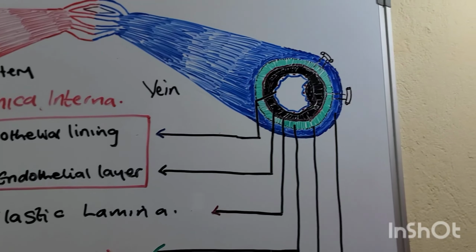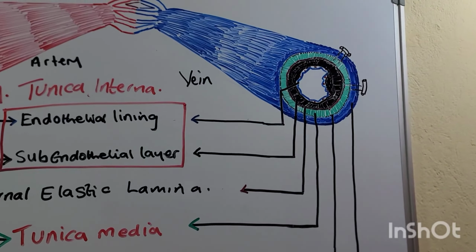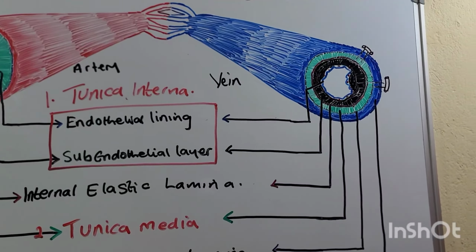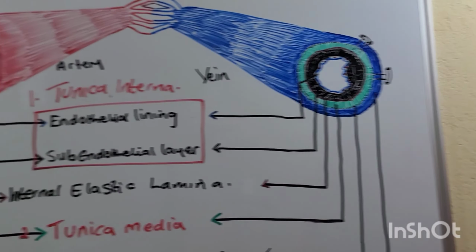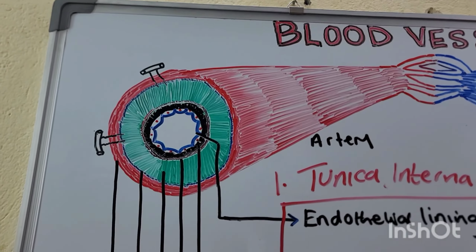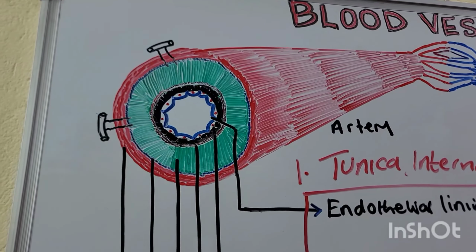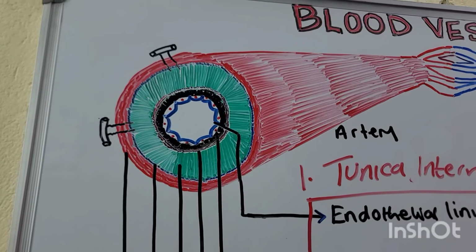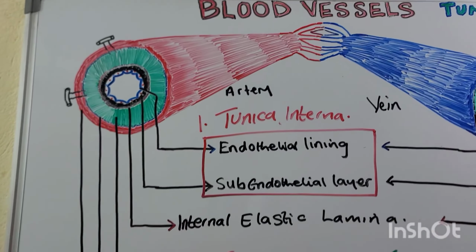In veins, it is going to be a bit thin, or in some veins you may not find the elastic lamina, because veins don't experience too much stretching since they are a low pressure system. But arteries have well developed elastic lamina because they experience high pressures which cause them to stretch and then recoil back. Such another beautiful thing.